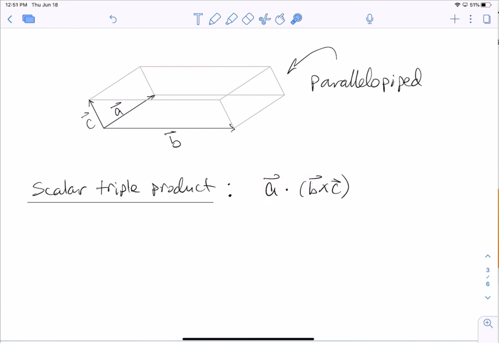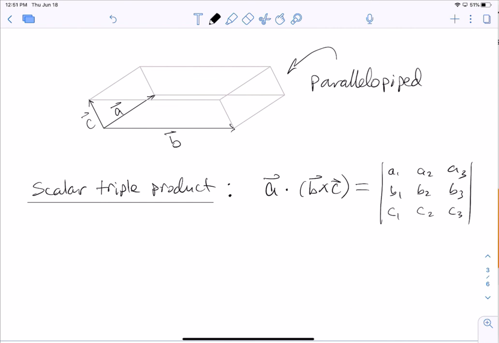It turns out that A dot B cross C can be done by computing its own determinant, with rows A1, A2, A3, B1, B2, B3, and C1, C2, C3. So that's the computation.